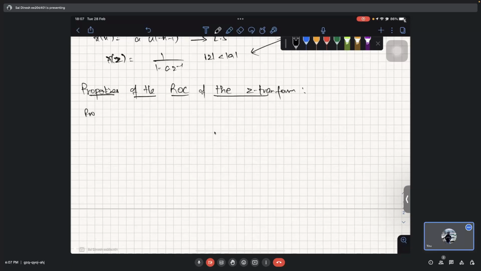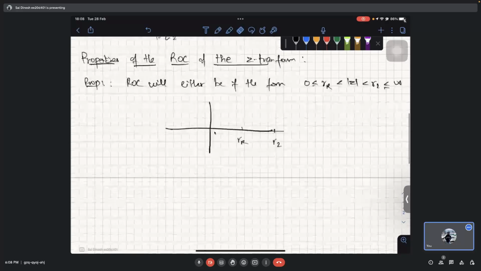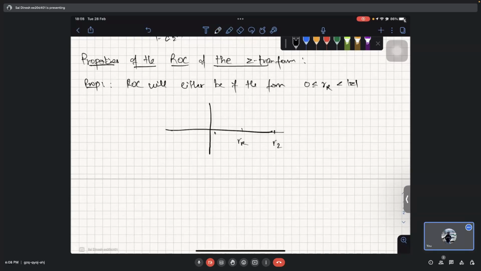Property 1: ROC will either be of the form 0 less than RR less than mod Z less than RL less than or equal to infinity, some RR and some RL, or mod Z less than RL less than infinity.